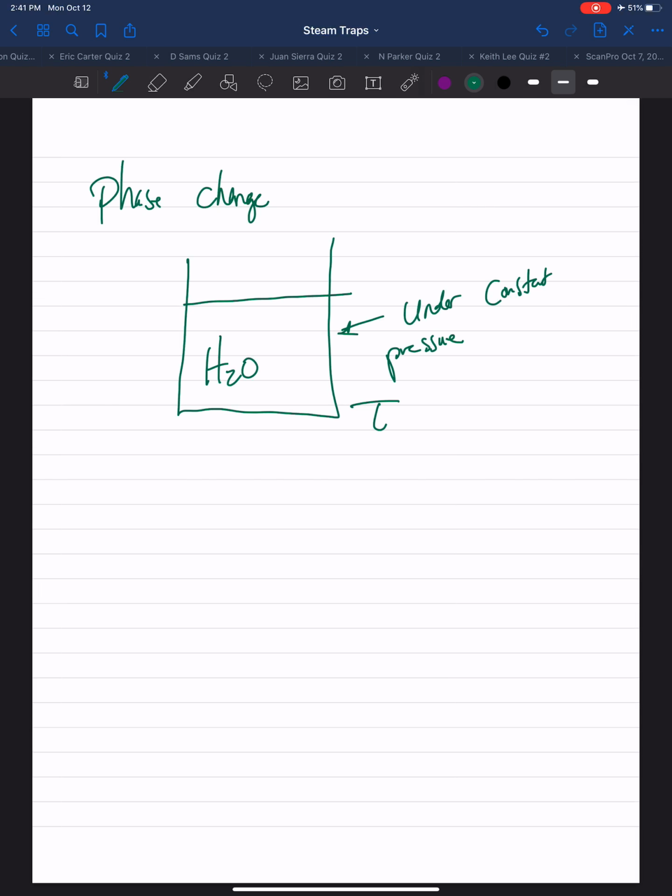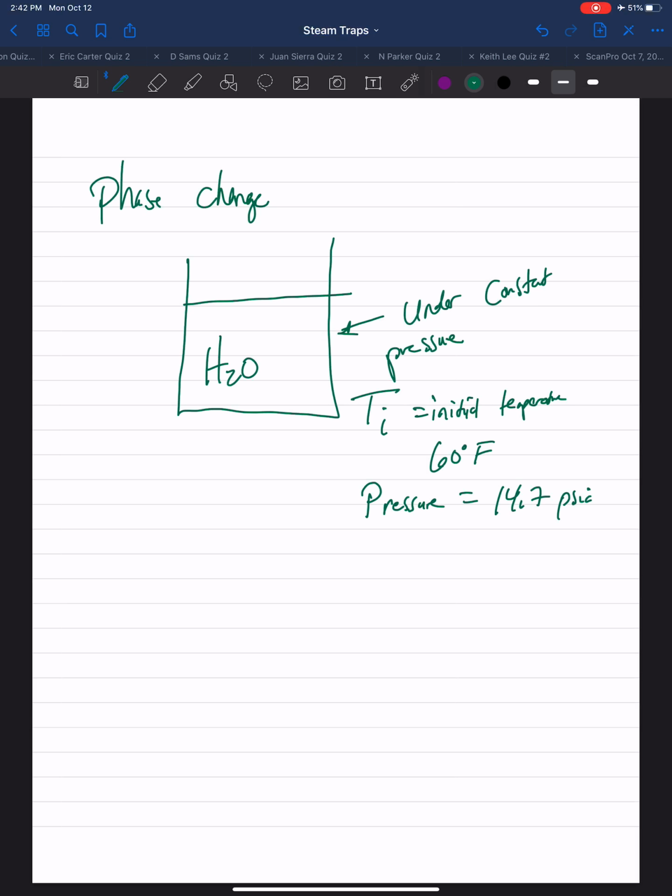If the initial temperature, we'll call it T sub I, is say 60 degrees Fahrenheit, and we'll say the pressure is constant at 14.7 psi absolute.